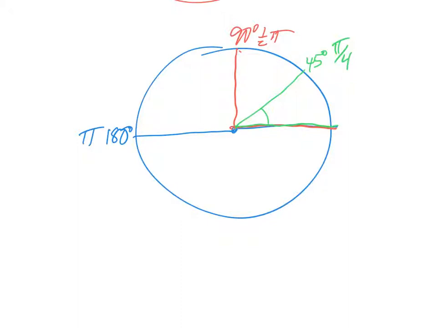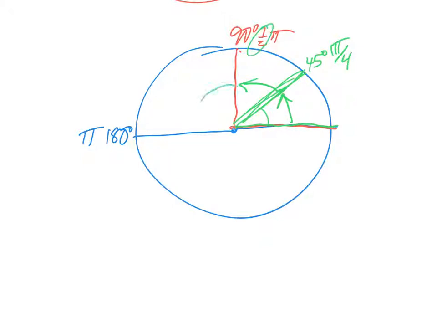Now, I have learned this trick and I hope that it works for you. If I asked you where 5 pi over 4 is, that sounds really scary. But would you agree that 5 pi over 4 is 5 pi over 4s? This is where 1 pi over 4 is. If I go up another notch, that's where 2 pi over 4s is. Because 2 pi over 4 would be the same as a half.